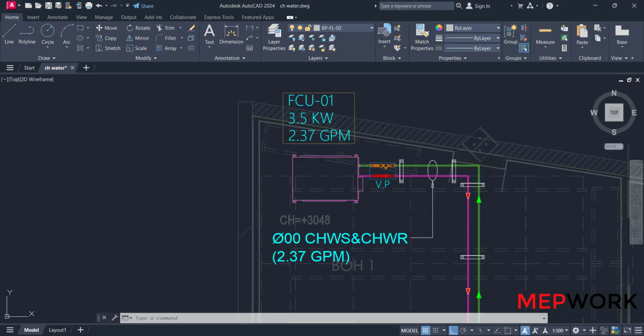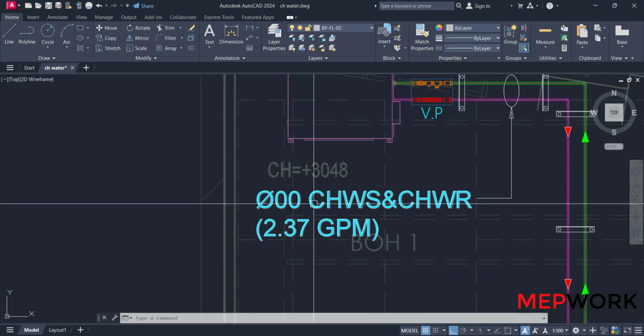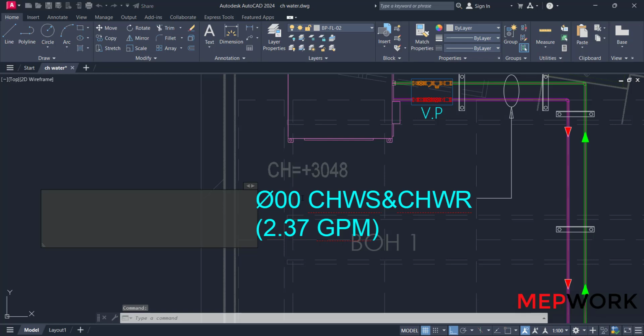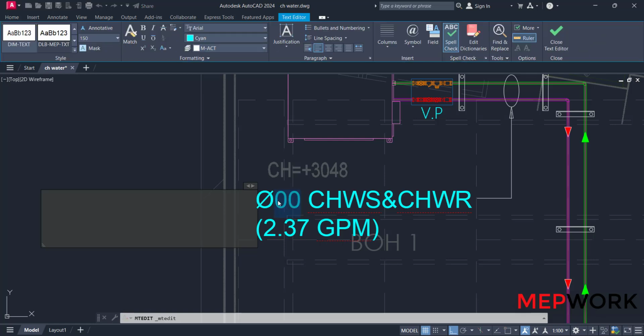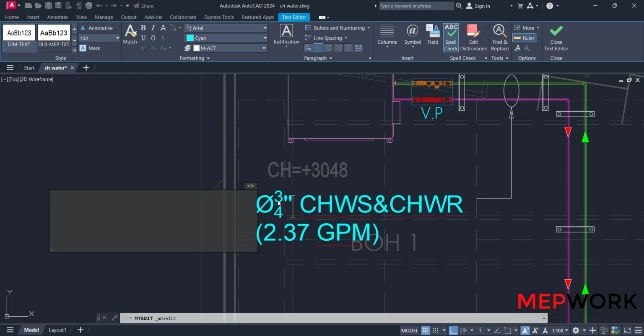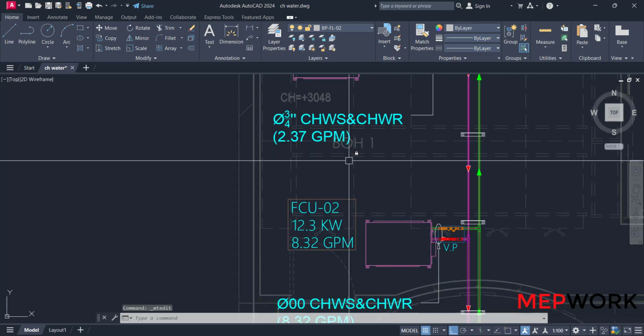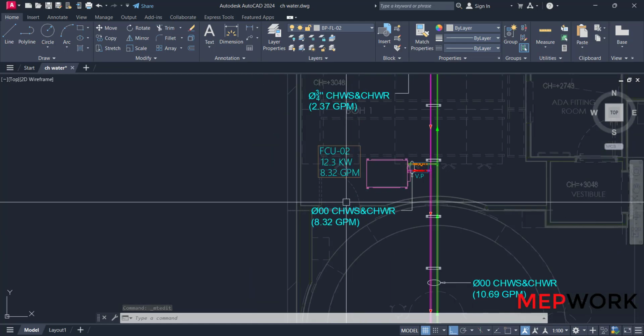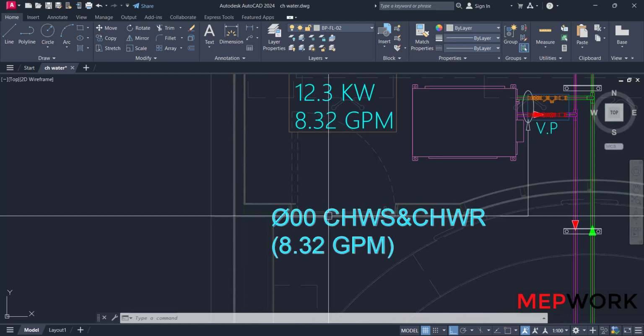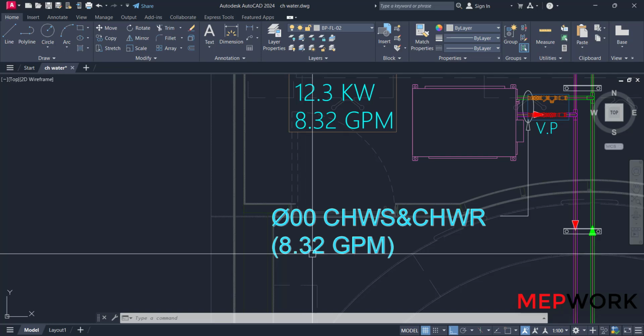Go back to the example and put the size on the chilled water supply and return. It will be 3/4 inch. Let's find this size also. 8.32.